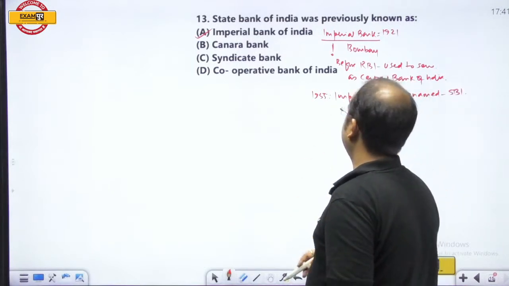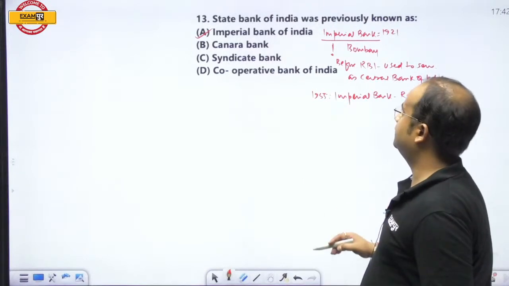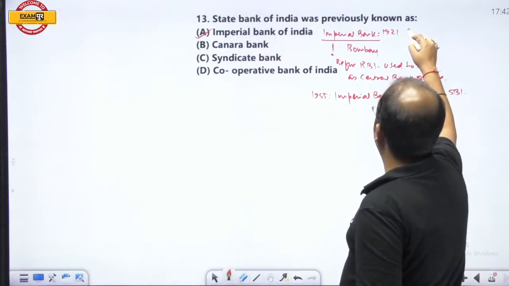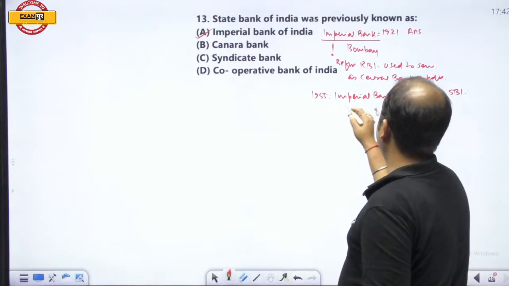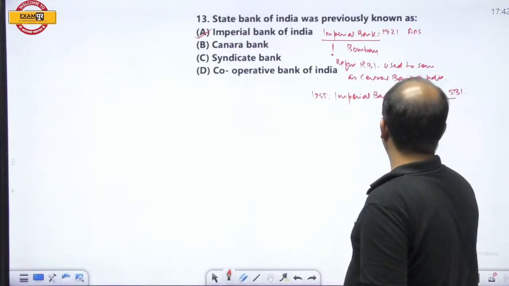So the correct answer will be, guys, Imperial Bank of India, and it was started in Mumbai, and the SBI headquarter is also in Mumbai.